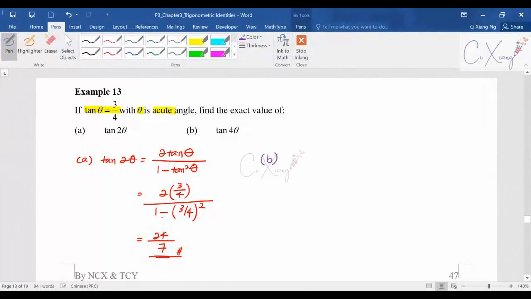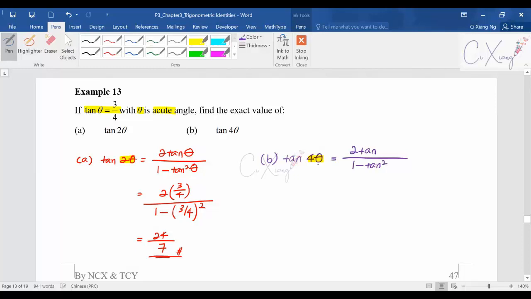All right, according to the double angle formula. Okay, then how about if I want to get the answer for tangent 4 theta? Okay, so again, just now you're having 2 theta, right? So now you're having 4 theta. The formula will be same. Okay, it will be 2 tangent something divided by 1 minus tangent square something.